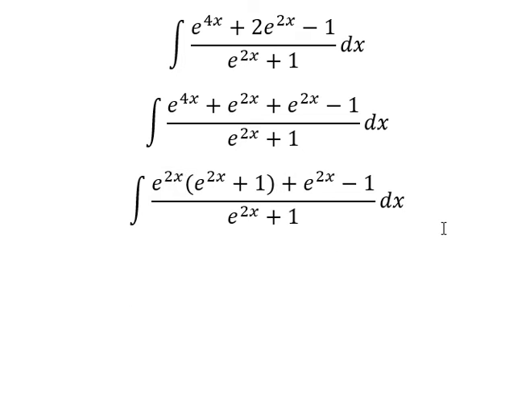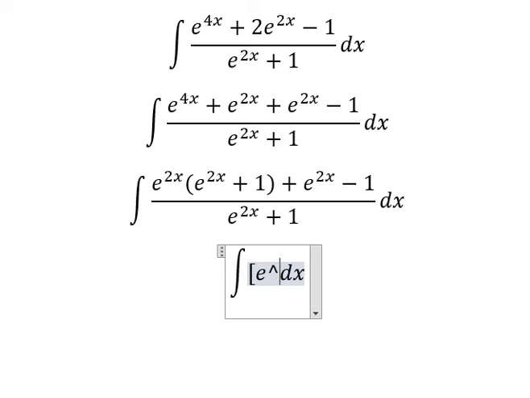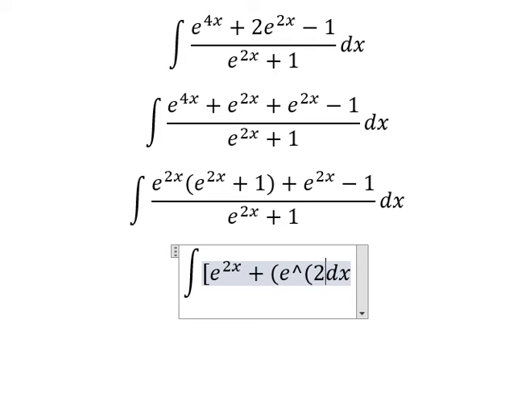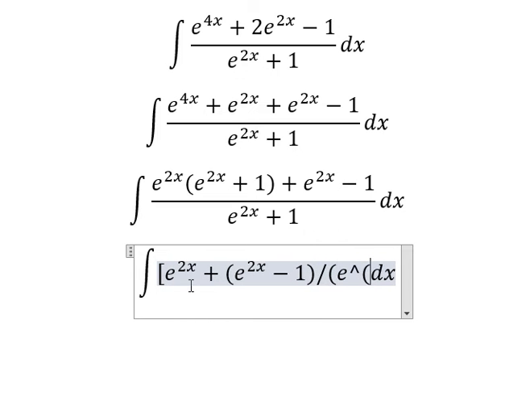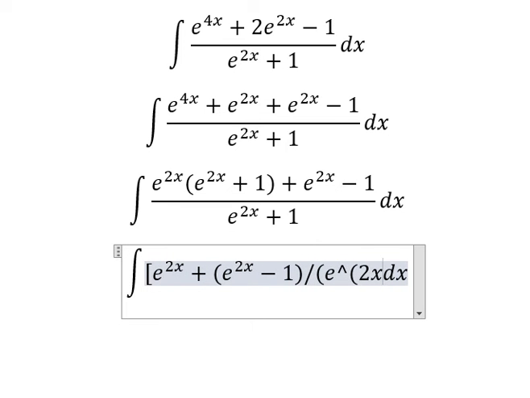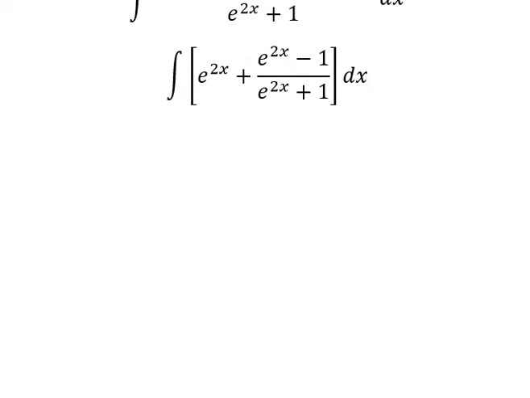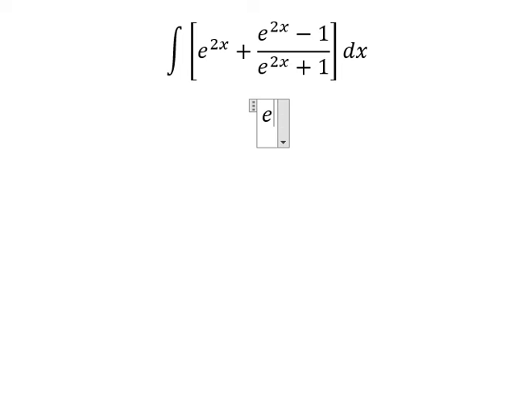Next, this one divide by this one, so we have e to the power of 2x in here. Next, the integration of this one, we have e to the power of 2x over 2.